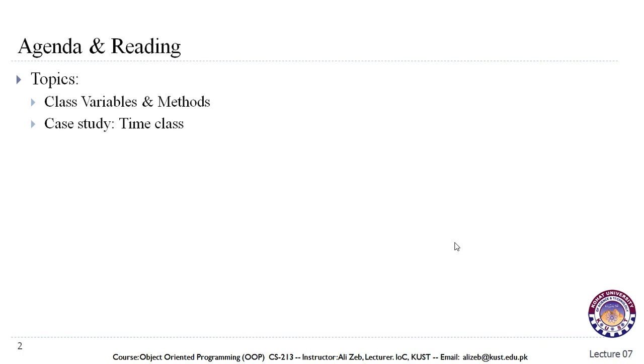We will also look at constructor overloading, and we will look at a case study from the book, that is the Time class and the Time2 class, which use constructor overloading to initialize objects with different numbers of variables.